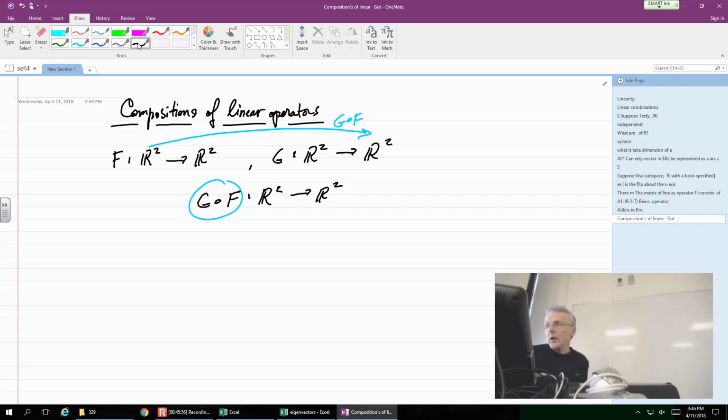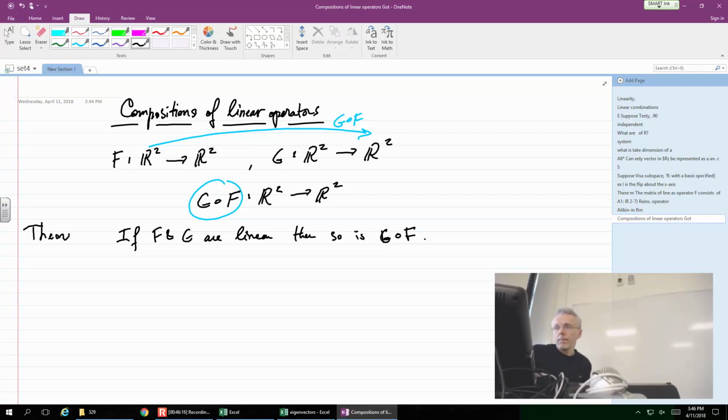One thing is, if f and g are linear, then so is their composition. Proving it is very easy. Remember, a linear operator preserves linear combinations.